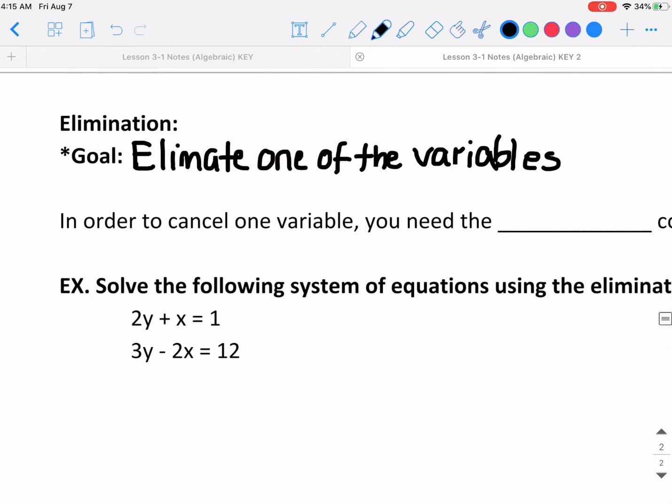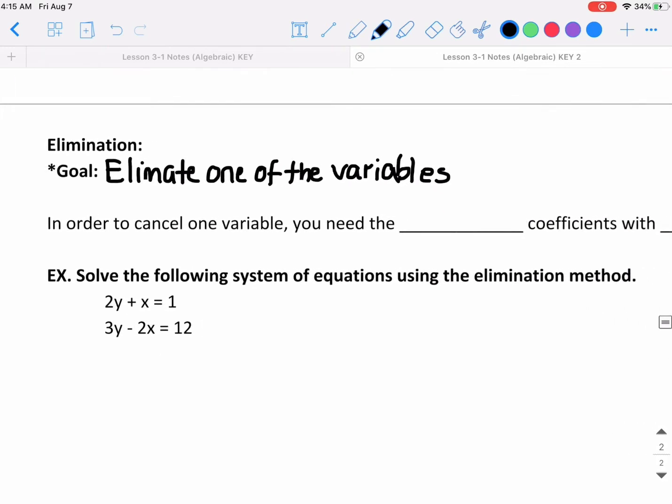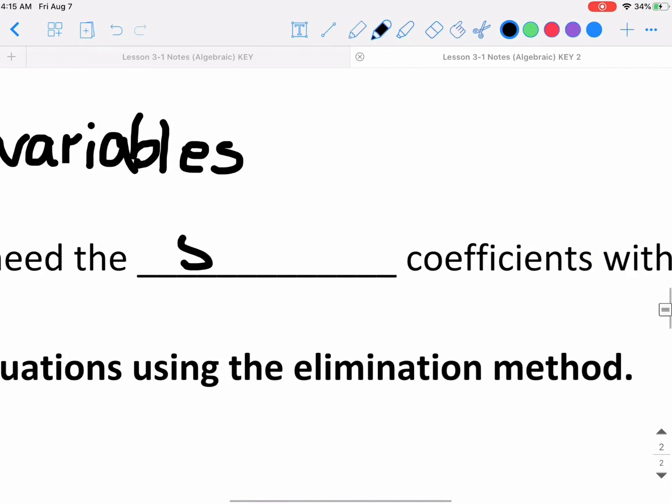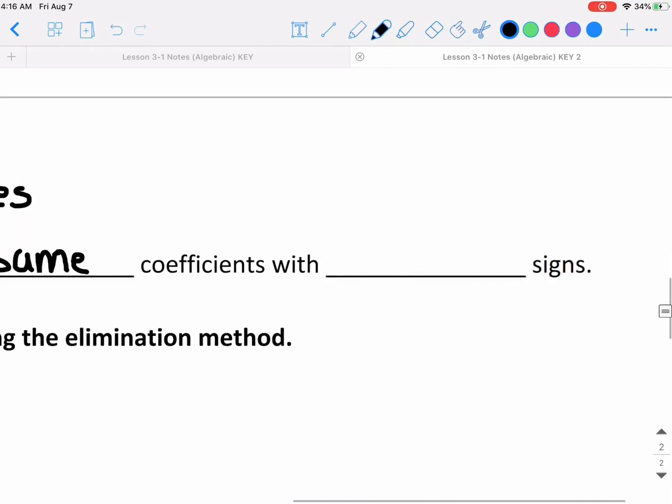So in order for me to be able to cancel one variable by adding the two equations together, I'm going to need the same coefficients with opposite signs for one variable.